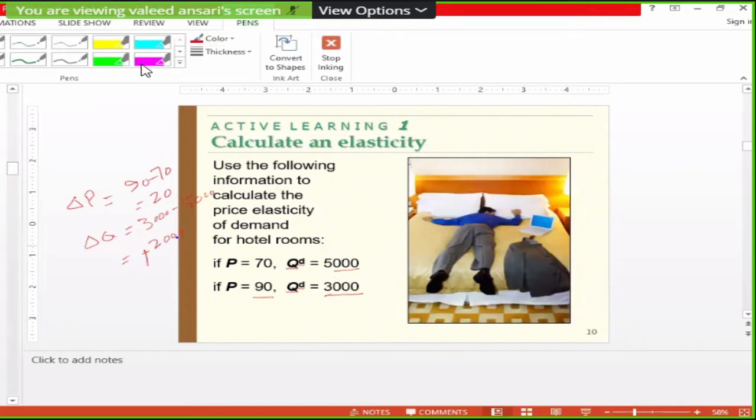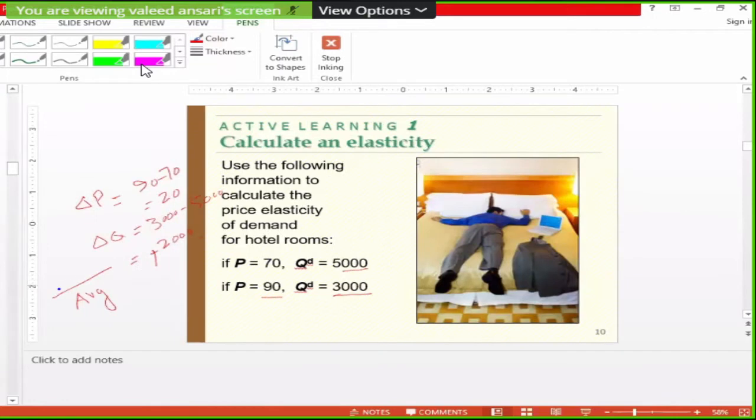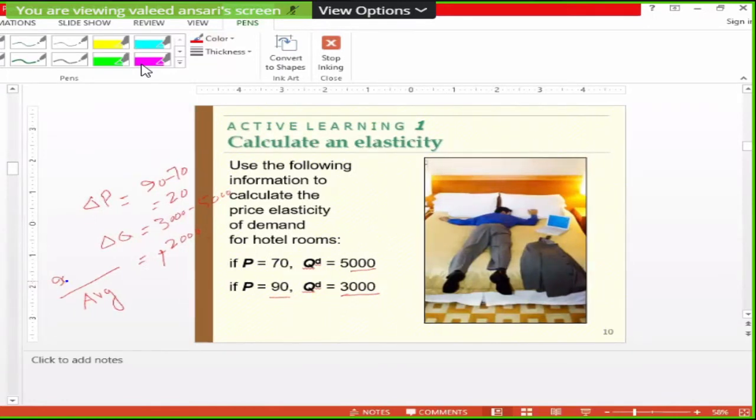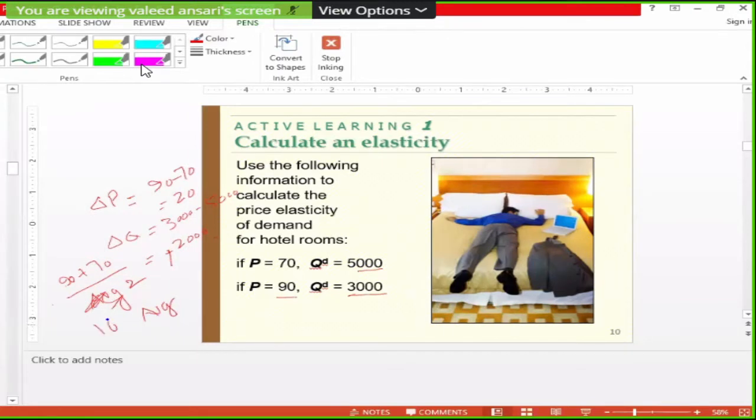Okay. But here what we will do is, in the numerator, instead of the starting point, we will take the average quantity. So here for price, 90 plus 70 is 160, divided by 2, naturally when we take the average, so the average price will be 80.